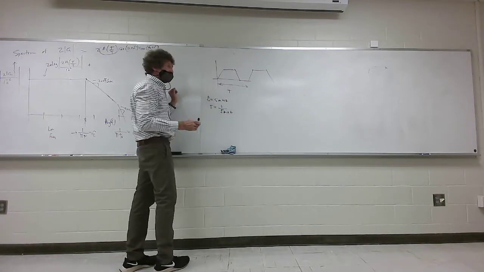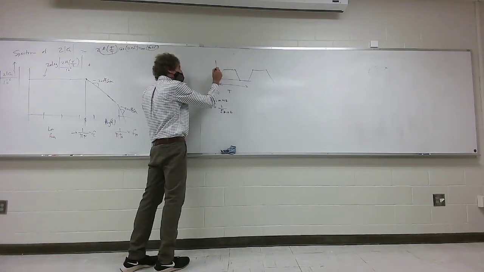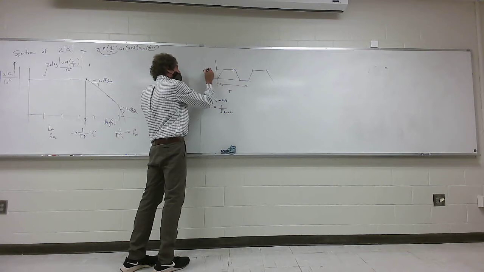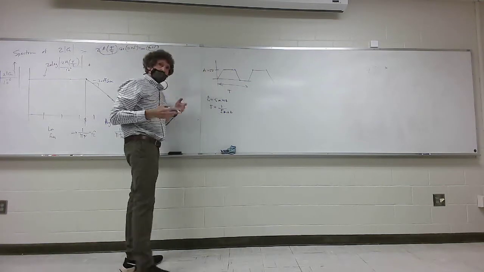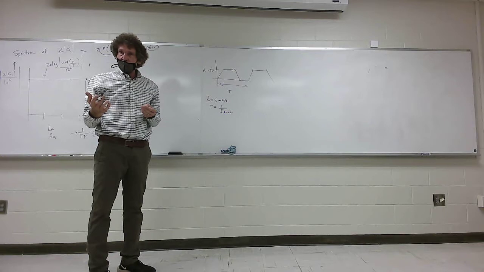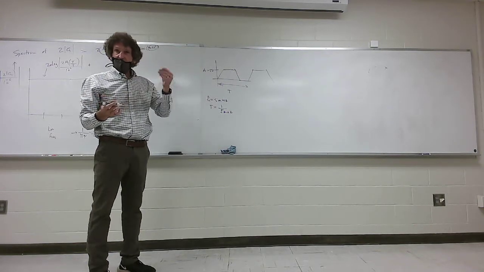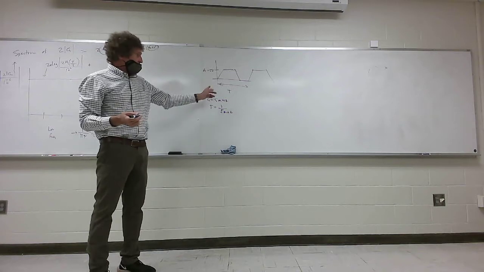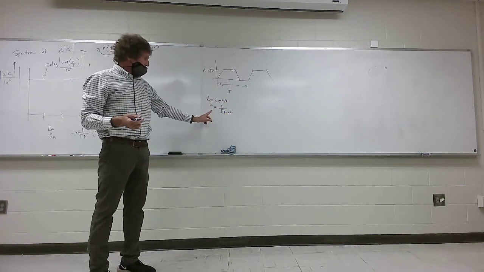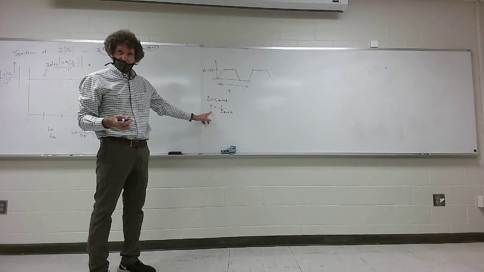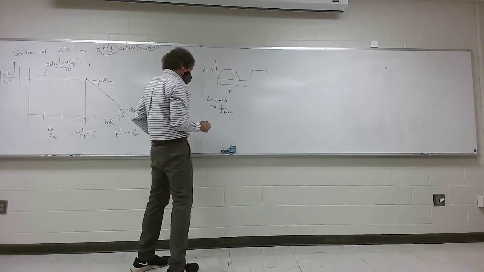Okay? Then I'm going to say the value of this peak here, A, is 5 volts. Fair enough? Y'all with me? I'm giving you specific values. I gave you the magnitude is 5. I gave you the fundamental frequency is 5 megahertz, or t is 1 over 5 megahertz. Make sense to everybody? Then I'm going to give you the rise time.